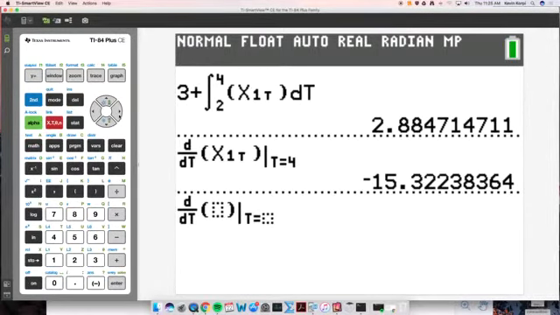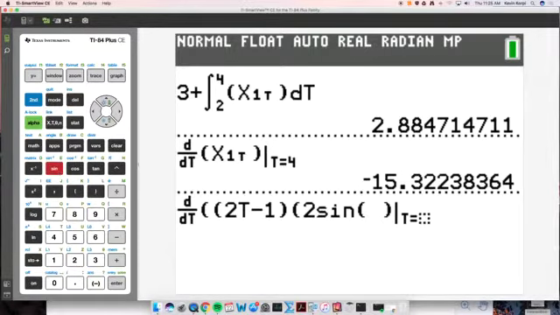I have nothing for y prime typed in, so I'm just going to type it in, parentheses, 2t minus 1, close, and then open. I'm going to type it just like I see it on my paper, 2 sine of t squared, close it, at 4. Double check, triple check, make sure it's in there correctly.